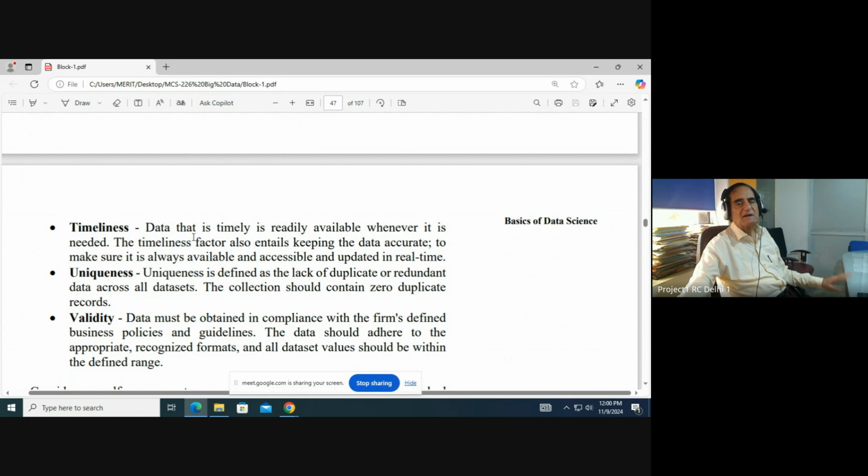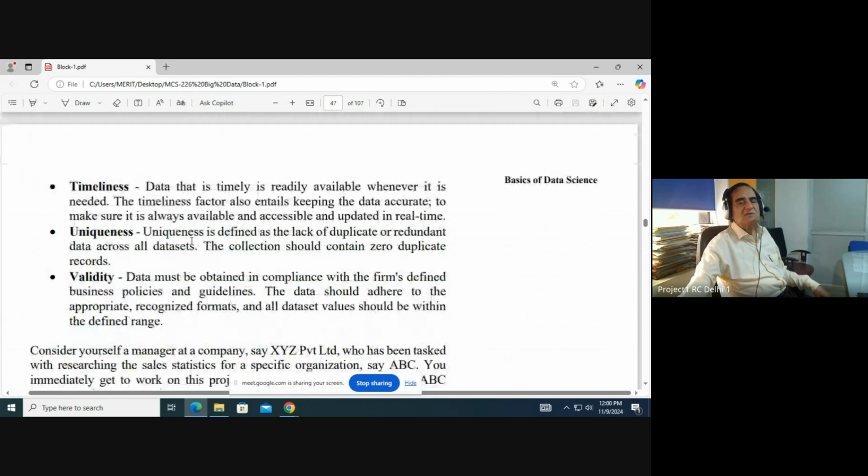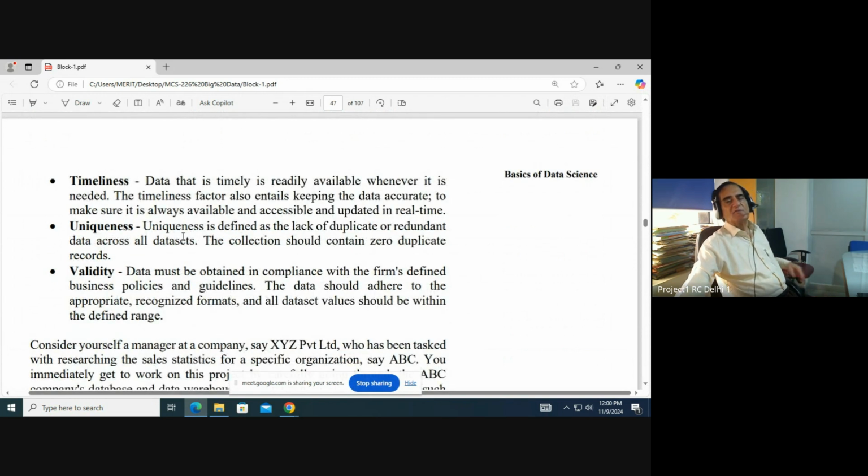The timeliness factor is very important. You should know in time where those mosquitoes are, where those disease creating agents are. Uniqueness. Uniqueness is defined as the lack of duplicate or redundant data across all data sets.